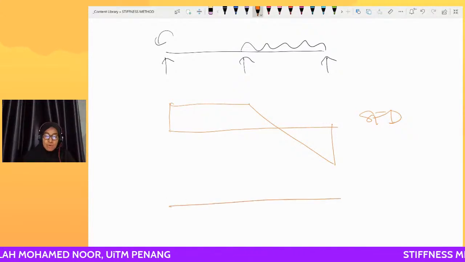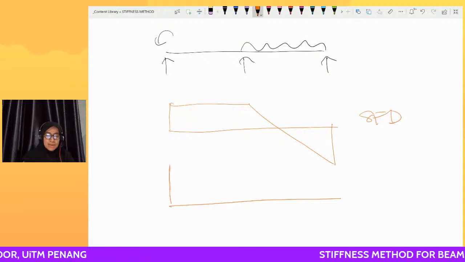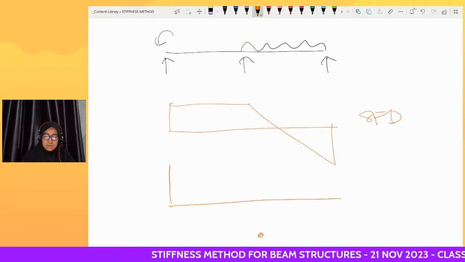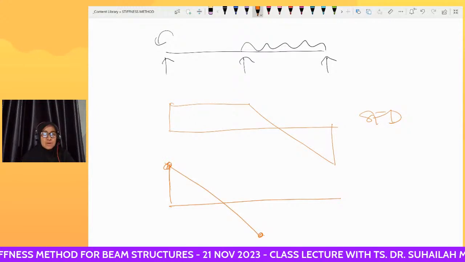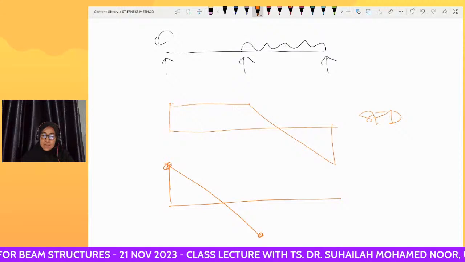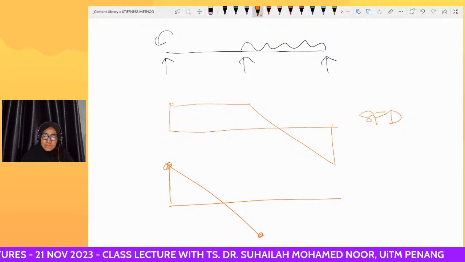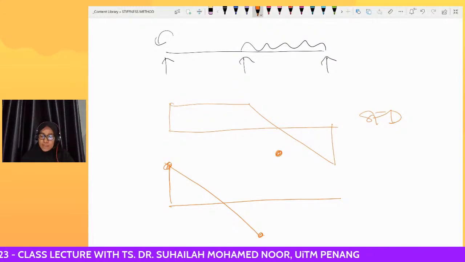So for the bending moment diagram, okay, this point and this point join together, and then the intersection is the maximum moment.